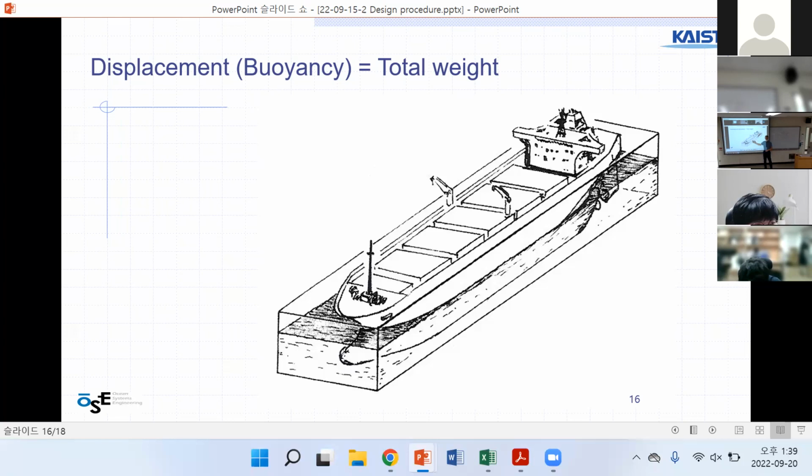Now, in the water, the balance is stable. Then we know that the buoyancy from the water is the same as the total weight of the ship. For the Sewol, the 10,000 ton of weight is supported by water.